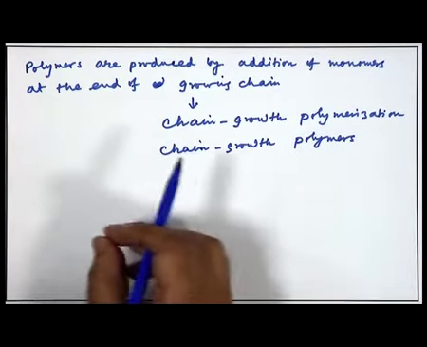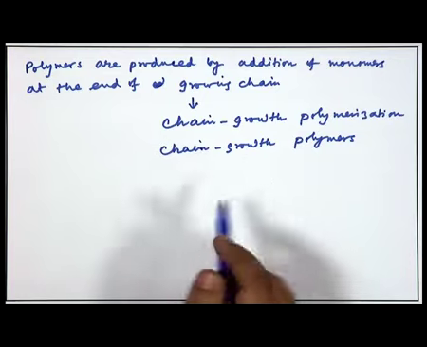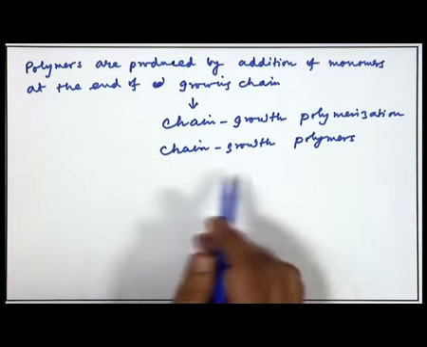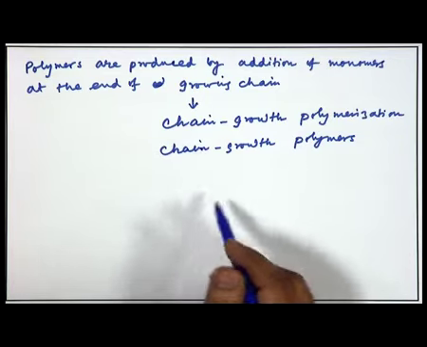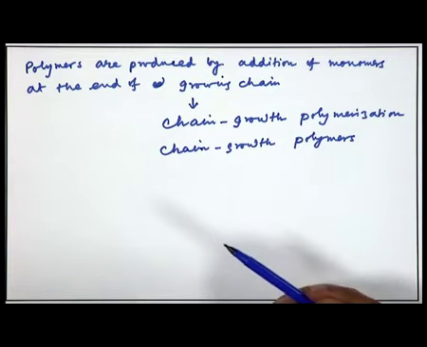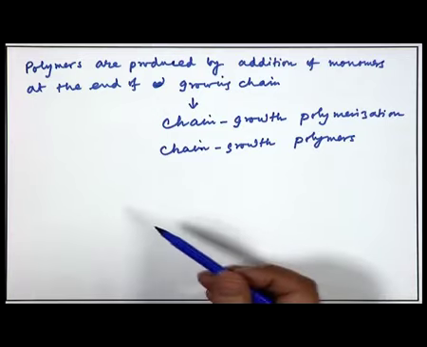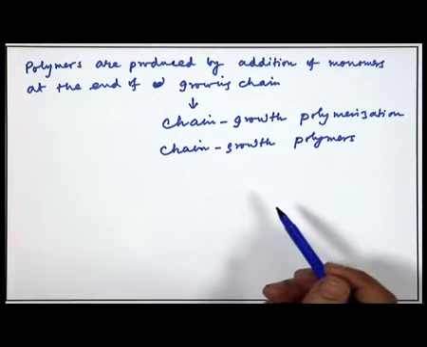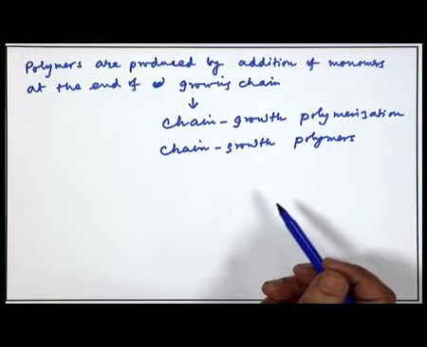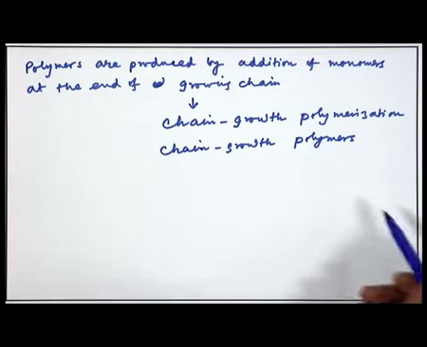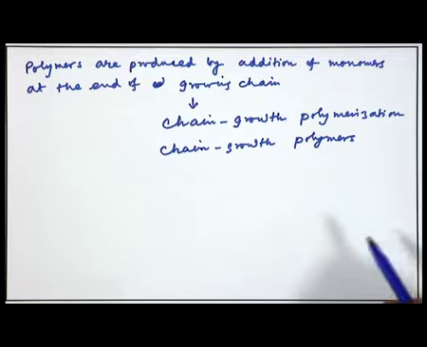So, that is chain growth polymerization. So, one more time, chain growth polymers are polymers produced by adding monomers one after one at the end of the chain.